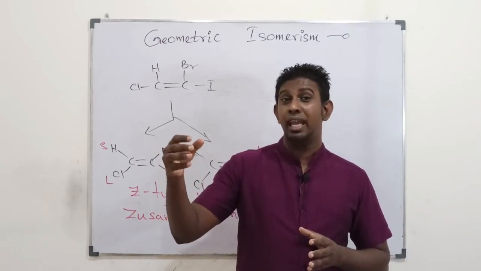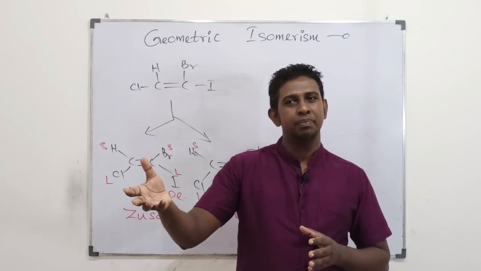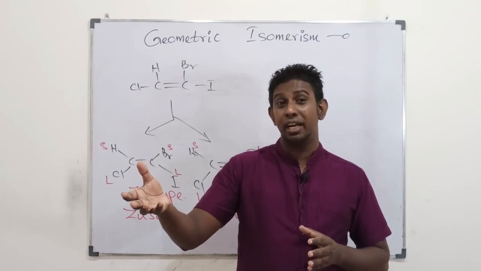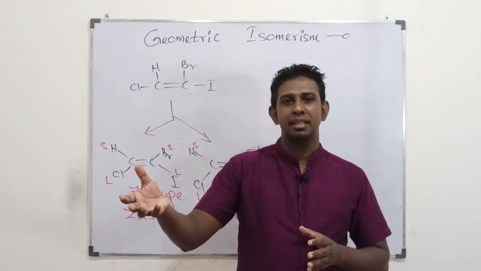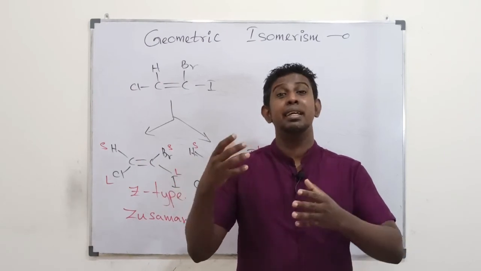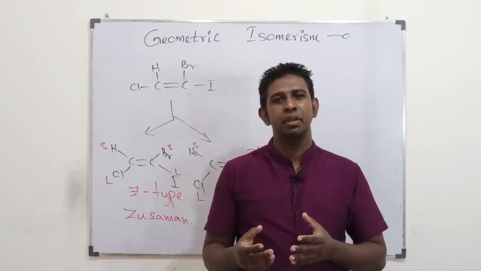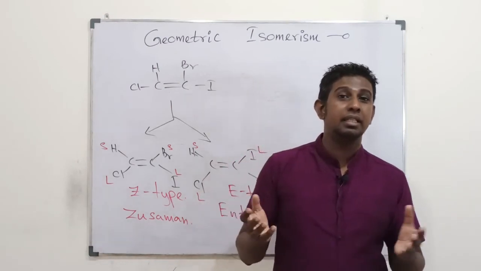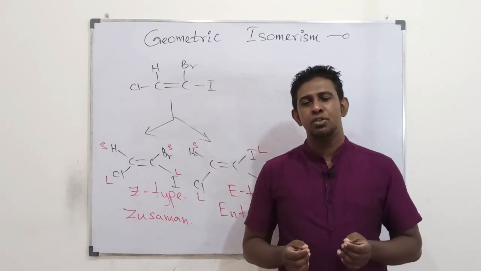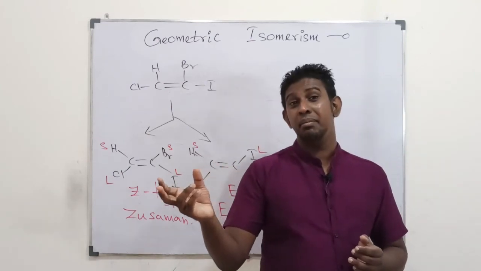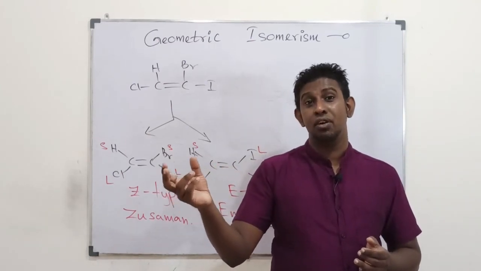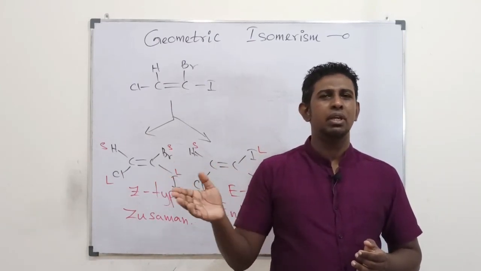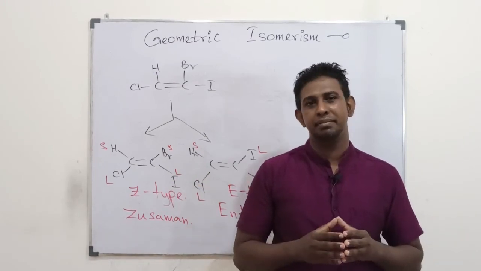Then you reach stereoisomerism by changing the spatial arrangement when four different groups are arranged asymmetrically around one carbon. They are mirror images of one another, so we call them optical isomerism.